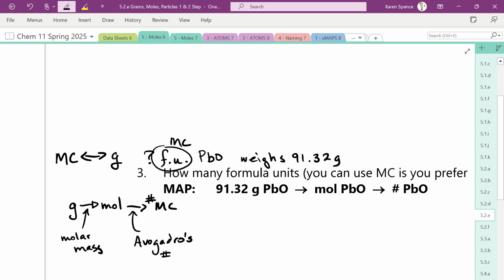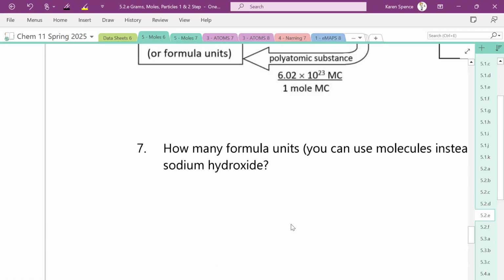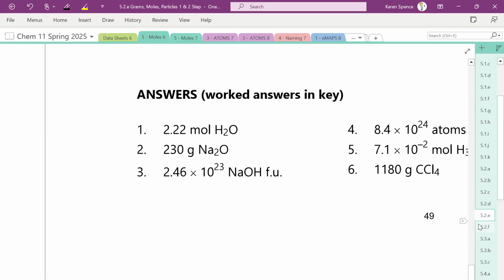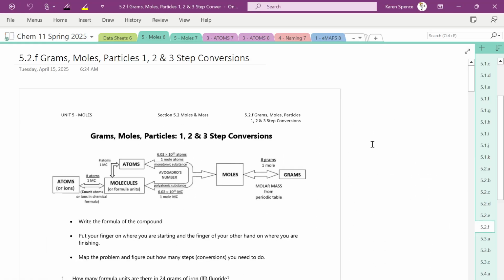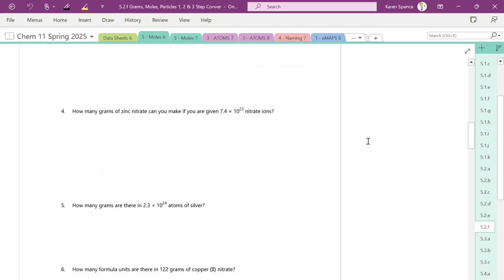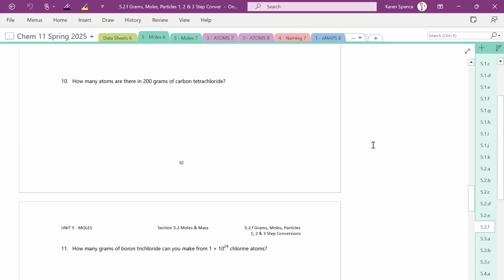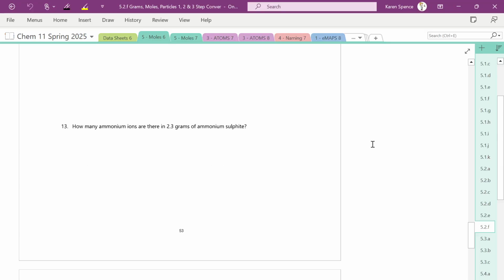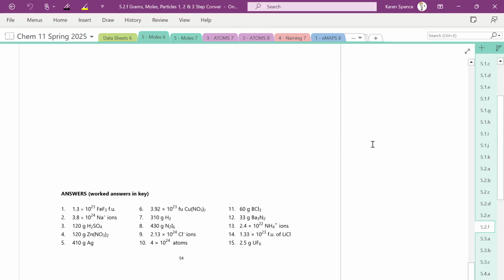Now, if you have finished all of the pages, if you finished to page 49, you can try 50, 51, 52, 53, 54. Just keep going.